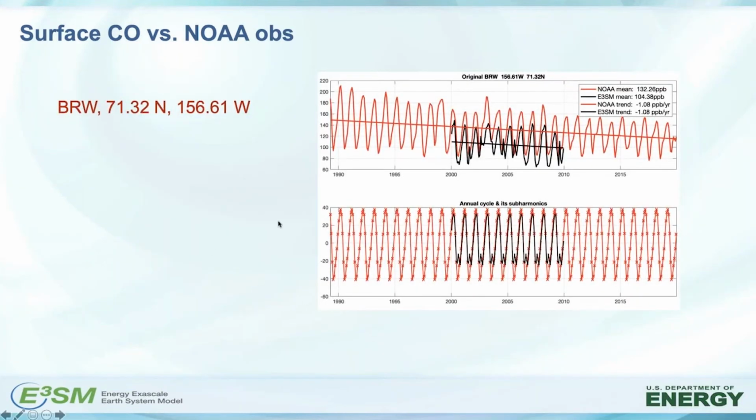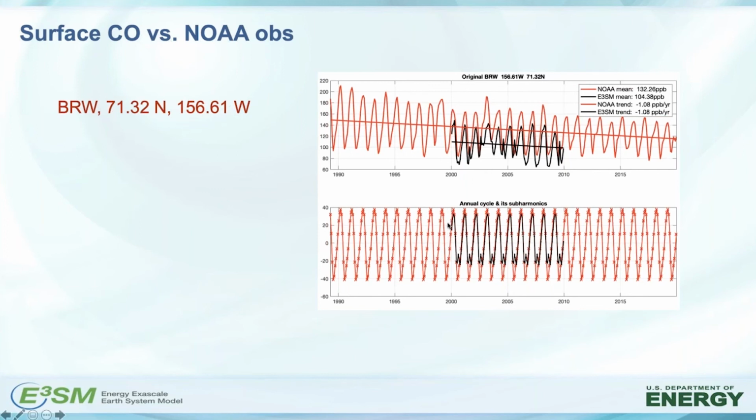So at this site, the Barrow site at Northern Hemisphere high latitudes, on the top, we see the time series of NOAA data in red and E3SM in blue. So we have a low bias there, and the trend is perfectly matched because it's driven mainly by the surface emissions, not the chemistry.